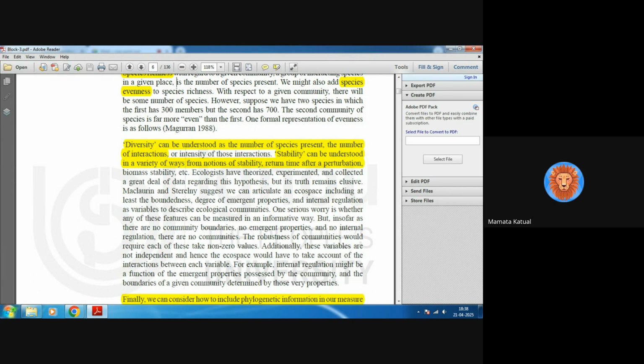This return time is known as stability. If it returns to normality in a short time, then it is very stable. And if it takes a very long time, the stability is less.